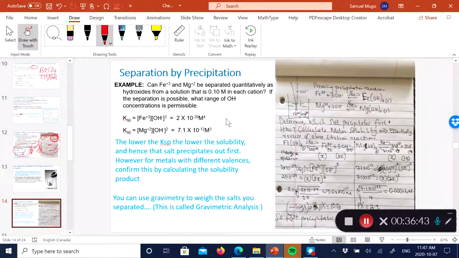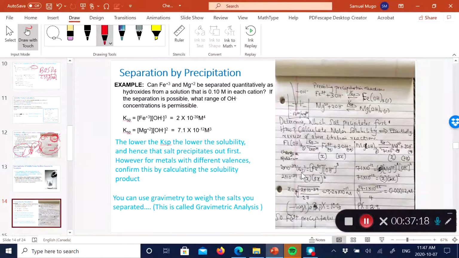And the way to be sure is to calculate the molar solubility, all right? And you can see the molar solubility, like I said, is just the reverse of these reactions, where I take the iron hydroxide, it dissociates into its component ions, and the magnesium hydroxide dissociates into its component ions, and the equilibrium constant, you can see now in this case, is a KSP. We know the change at equilibrium would be, for 1 mole of this salt, it gives me 1 mole of the iron and 3 moles of the hydroxide.